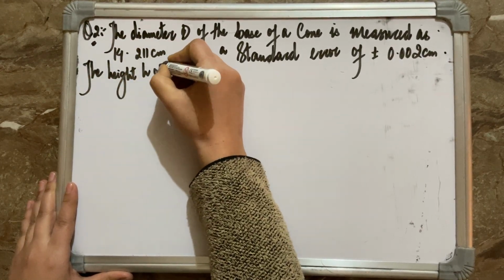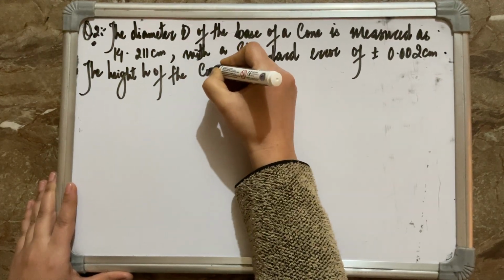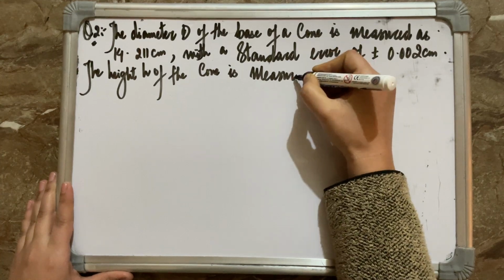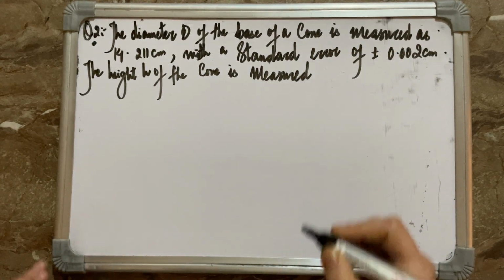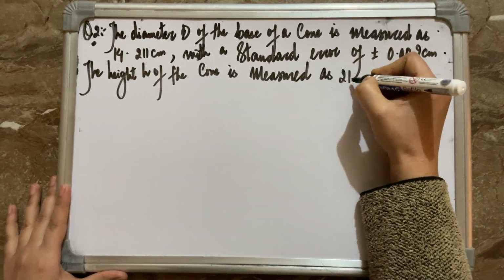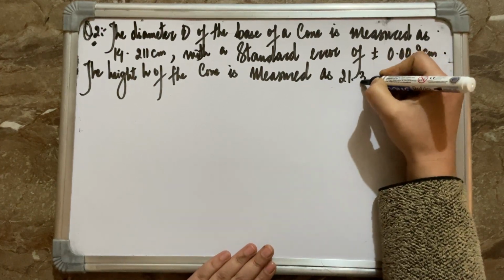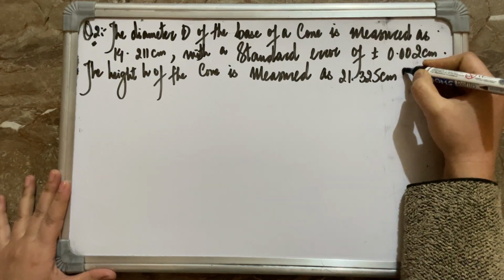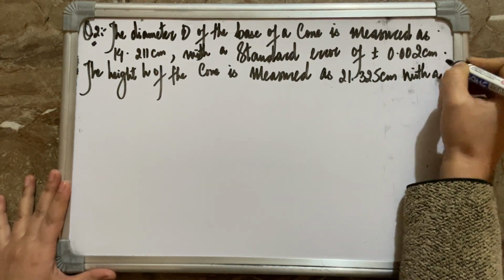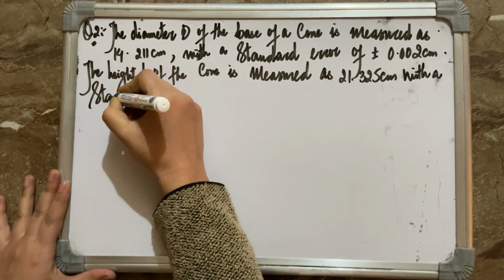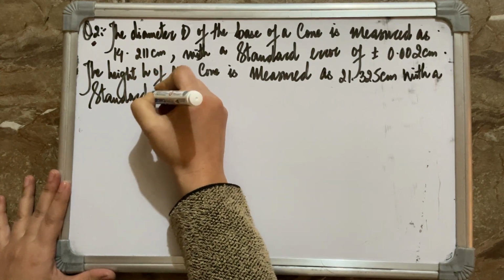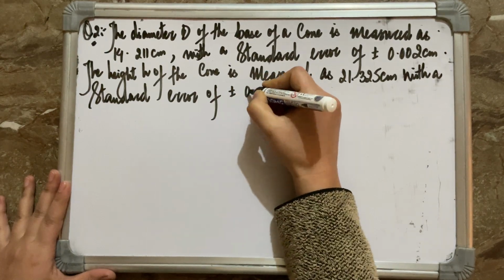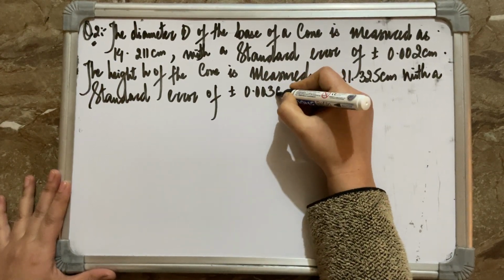All right, the height h of the cone is measured as 21.325 centimeters with a standard error of plus minus 0.003 centimeters.